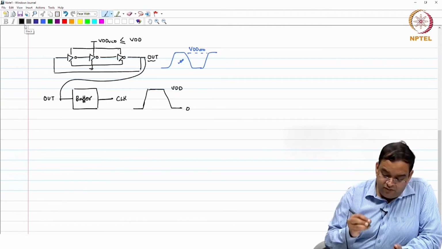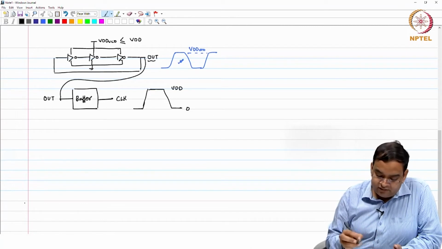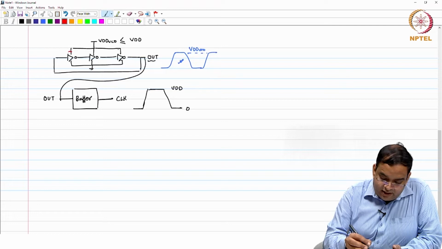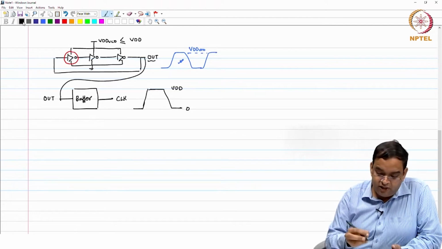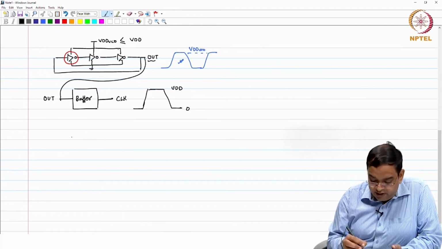Okay. So, one way to do it is the following. What we have seen here is that an inverter is used in the oscillator. So, we are going to use a similar inverter here whose supply is not VDD VCO, but VDD itself.